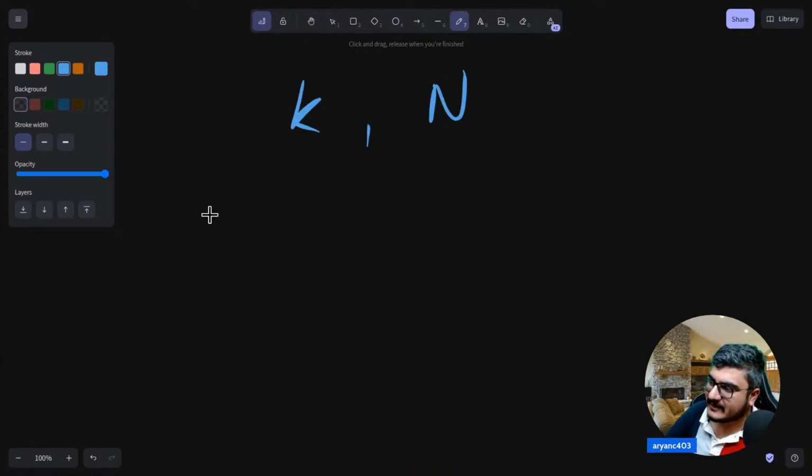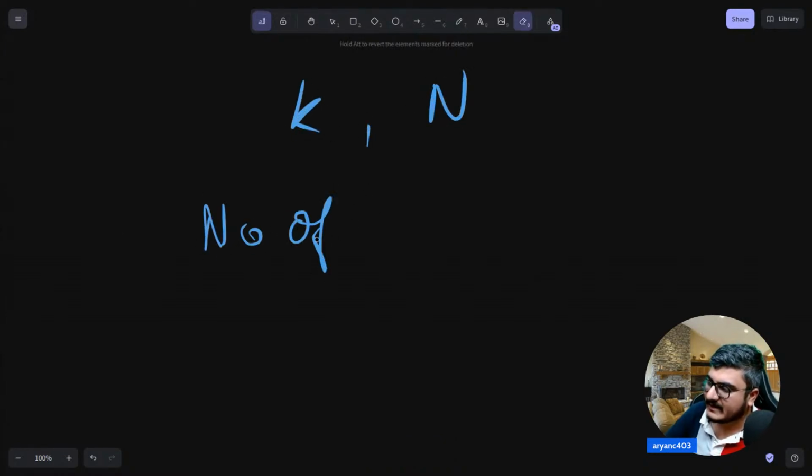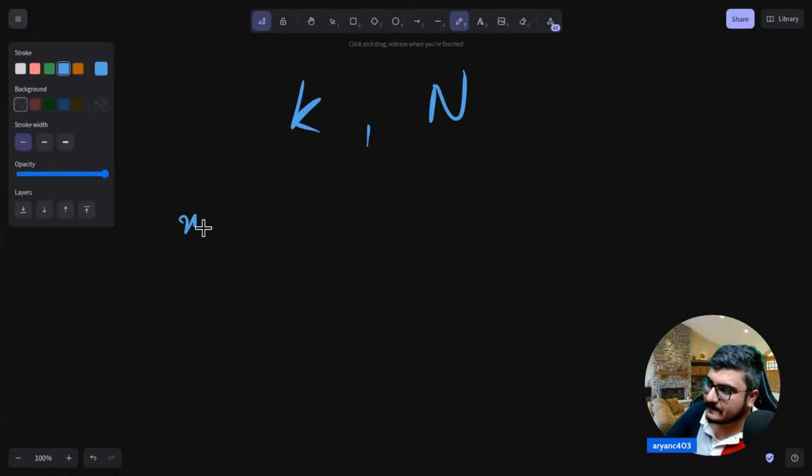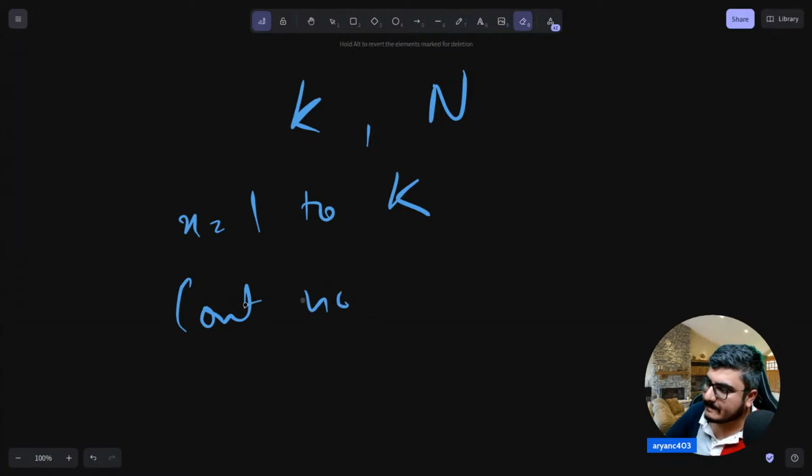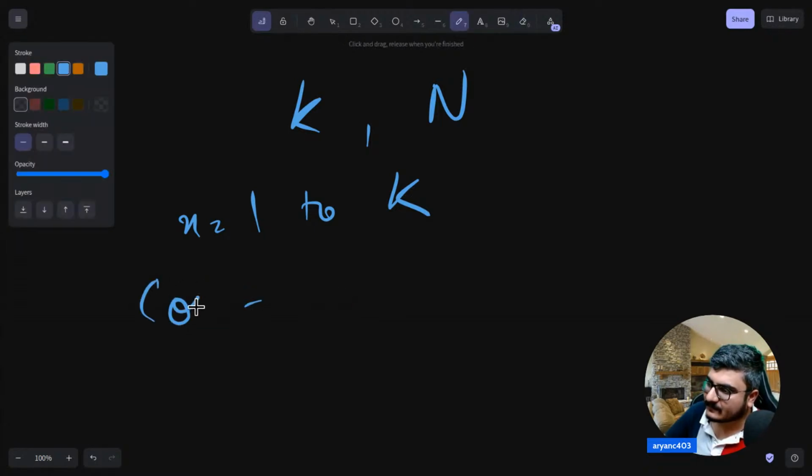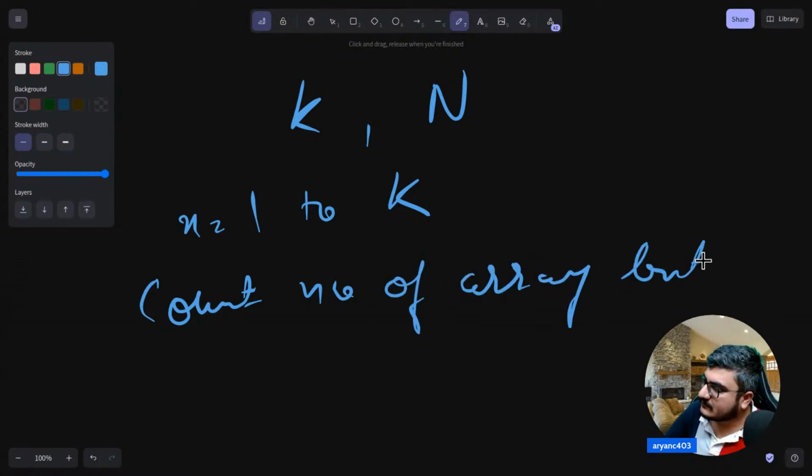We have to count the number of arrays, and then for each x equal to 1 to k, count the number of arrays with length less than or equal to n and product x.